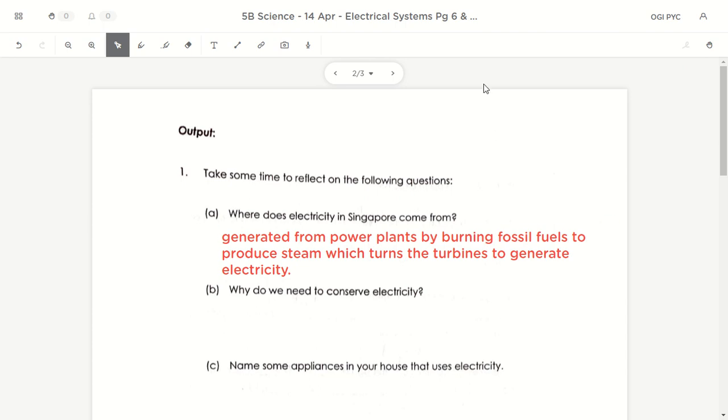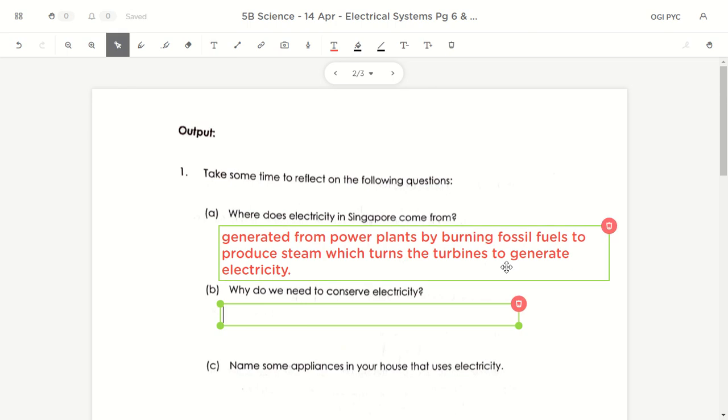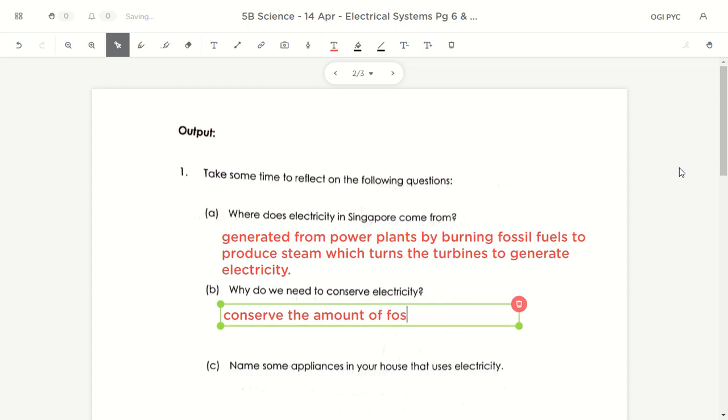So the second question is, why do we need to conserve electricity? Very simple reason, because you realize that we burn fossil fuel to generate electricity. So it's important for us to also conserve the amount of fossil fuel that we burn. And why must we conserve the amount of fossil fuel?